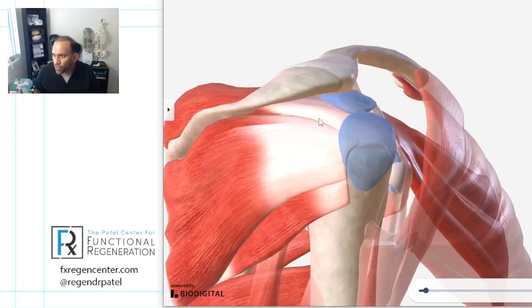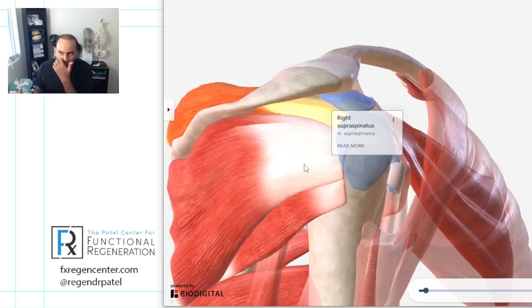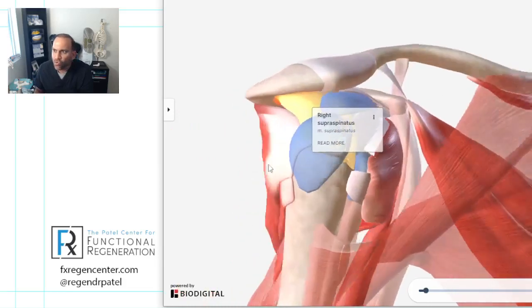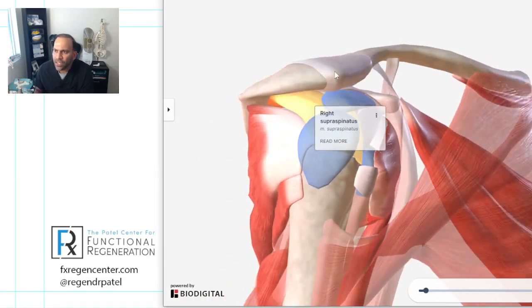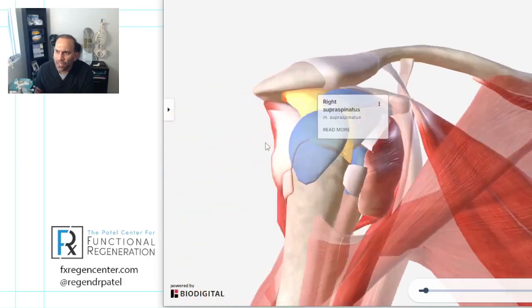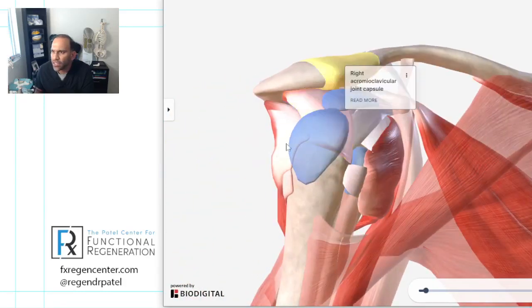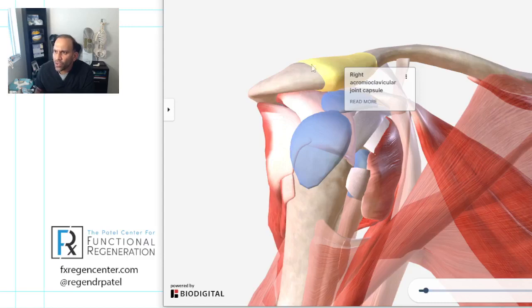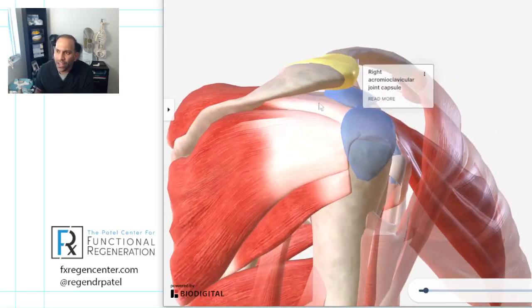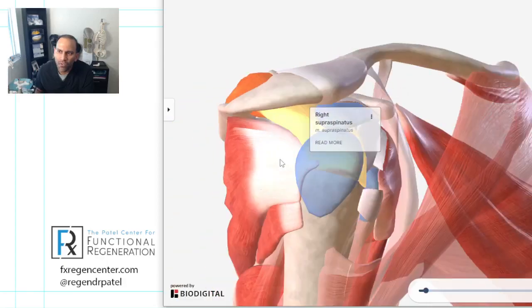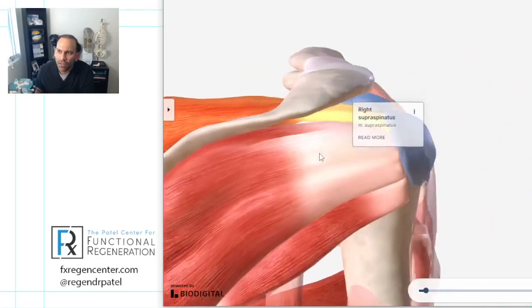So you can see that this rotator cuff tendon of the supraspinatus sits right underneath this AC joint, right? So if this AC joint, this bone, is starting to get a little larger, you can see how that can cause some impingement of the rotator cuff tendon, okay?